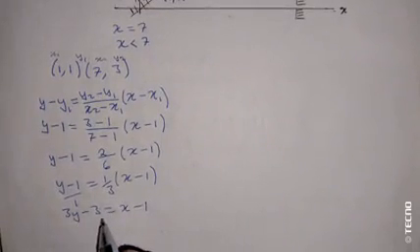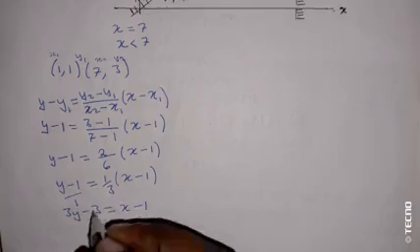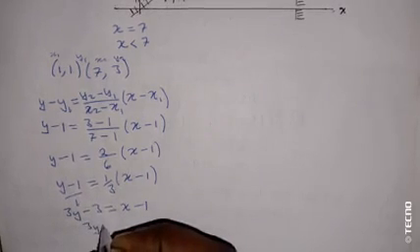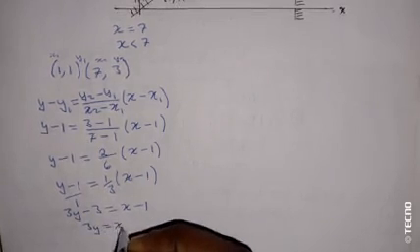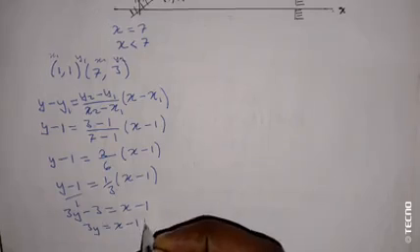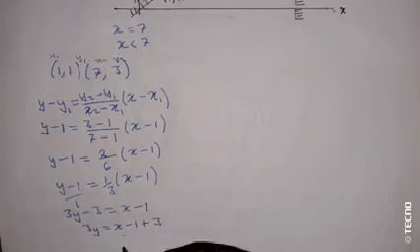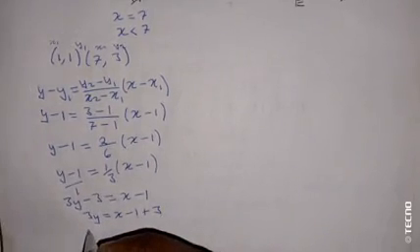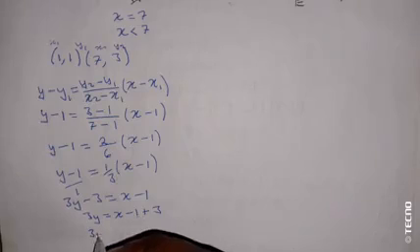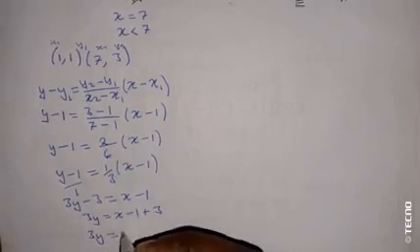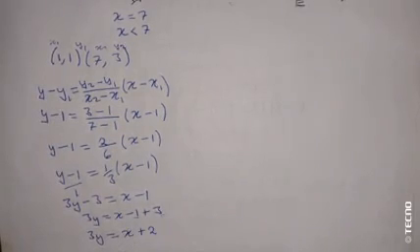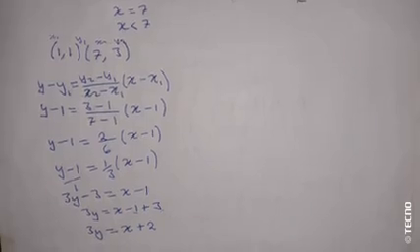Having this, we can transpose the 3 to the other side. So 3y is equal to x minus 1 plus 3. There we are going to have 3y is equal to x plus 2. Different signs, we subtract and maintain the sign of the bigger number.